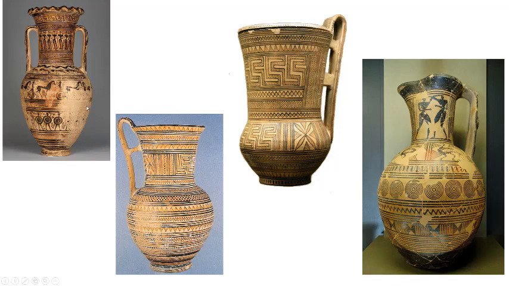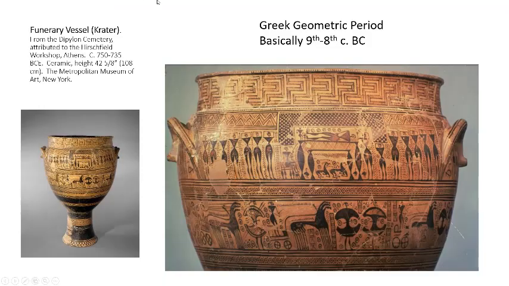It should be noted that a lot of these big pieces are also found in funerary contexts, and sometimes these scenes are reflective of funeral practices. This is a perfect example of one that's reflective of funerary practices in the Greek geometric period, circa 9th to 8th century.